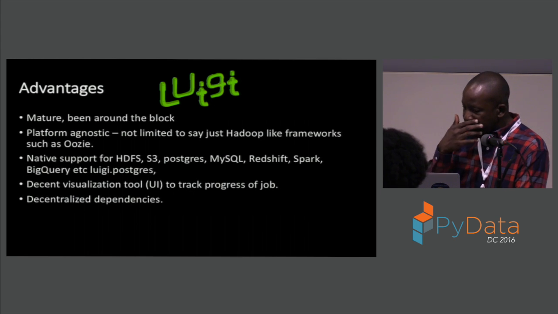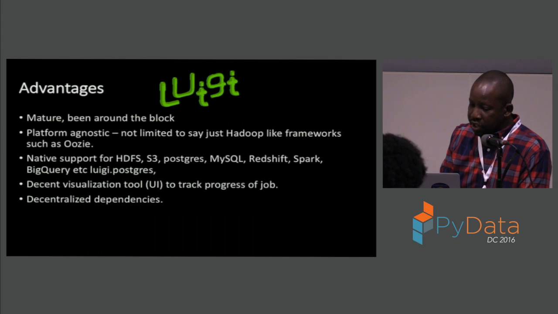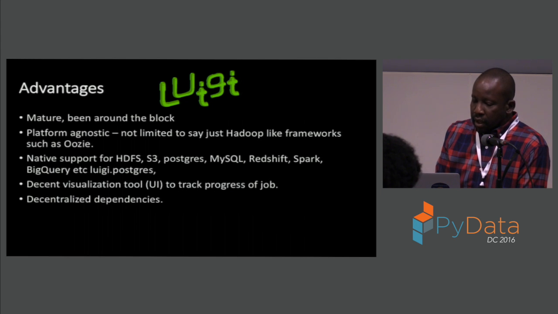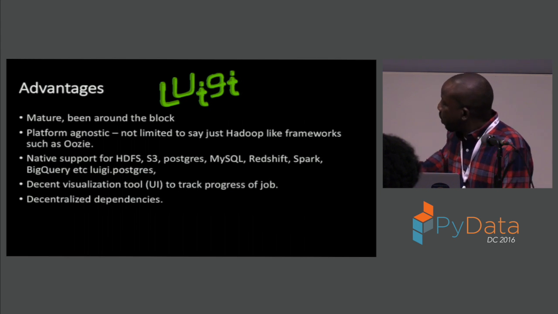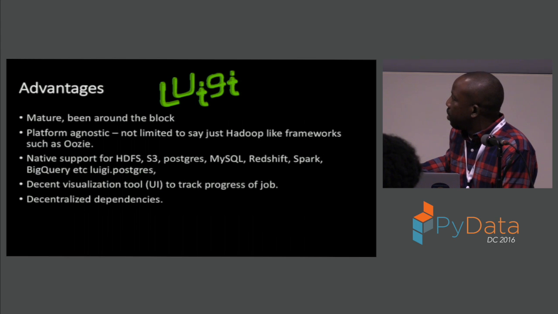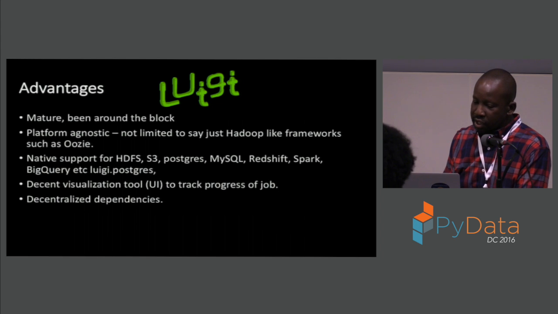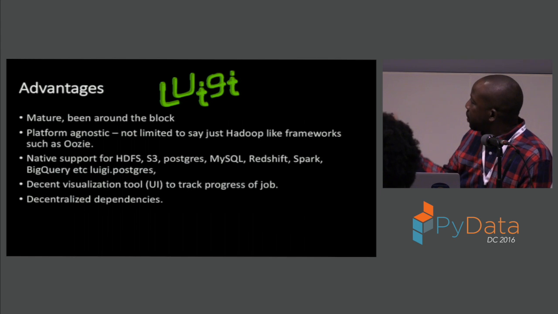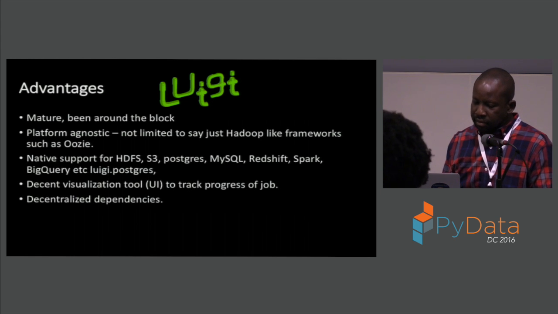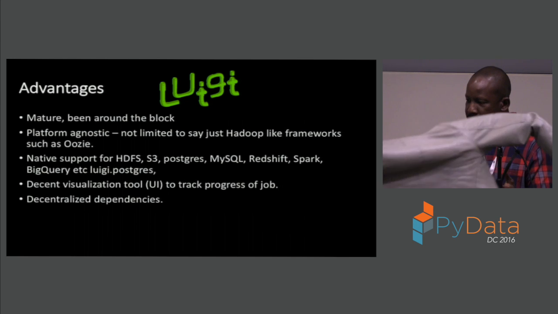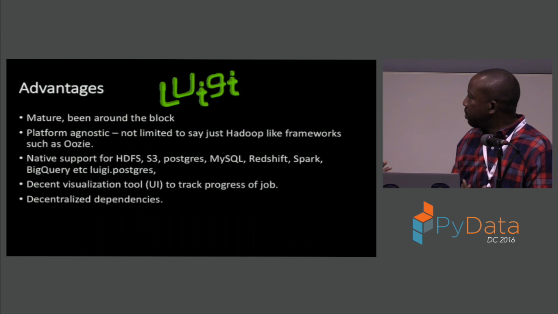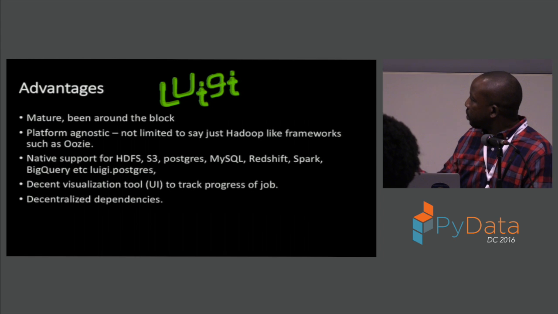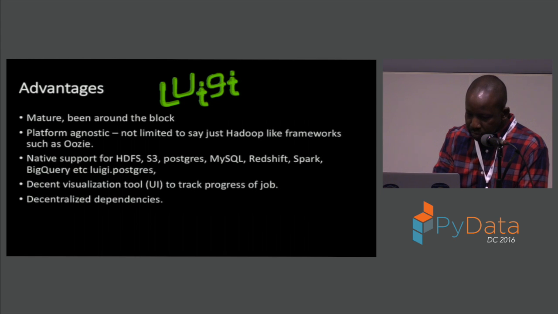It's fairly rich. The UI is, I feel, not necessarily the best, but it's a decent visualization UI. And the dependencies are decentralized. We're not as tightly coupled as, let's say, other tools.